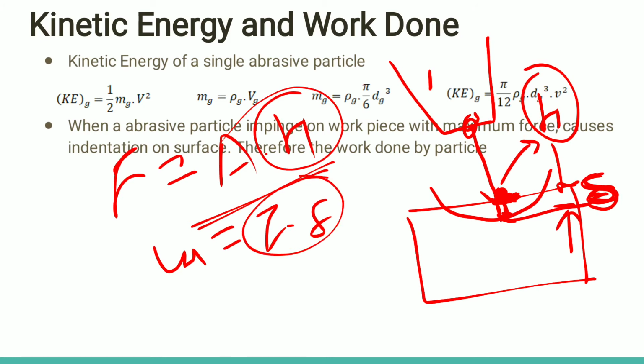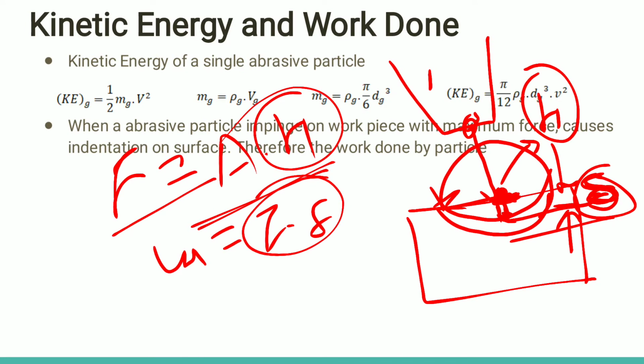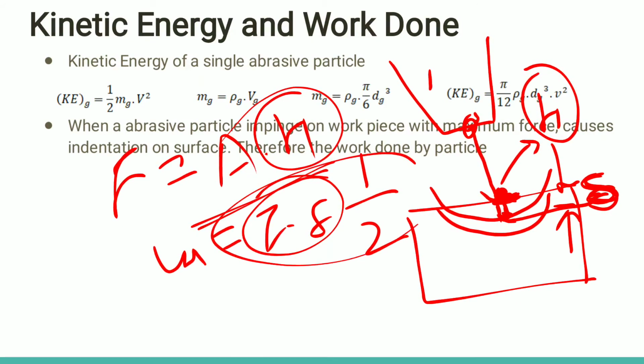Now the maximum work that can be covered is when the indentation becomes semi-spherical. The force and the distance traveled are again delta, but now it is a semi-sphere. Only the semi-sphere part is covered inside this workpiece surface, so the work will be half.